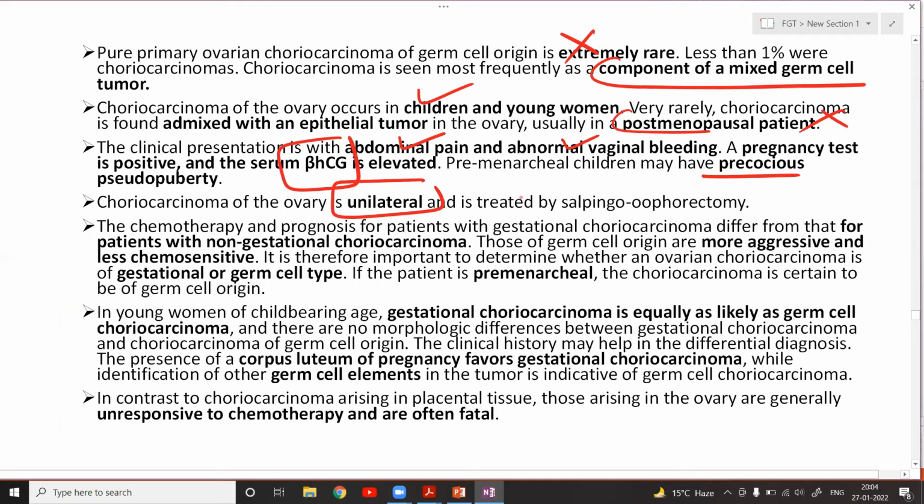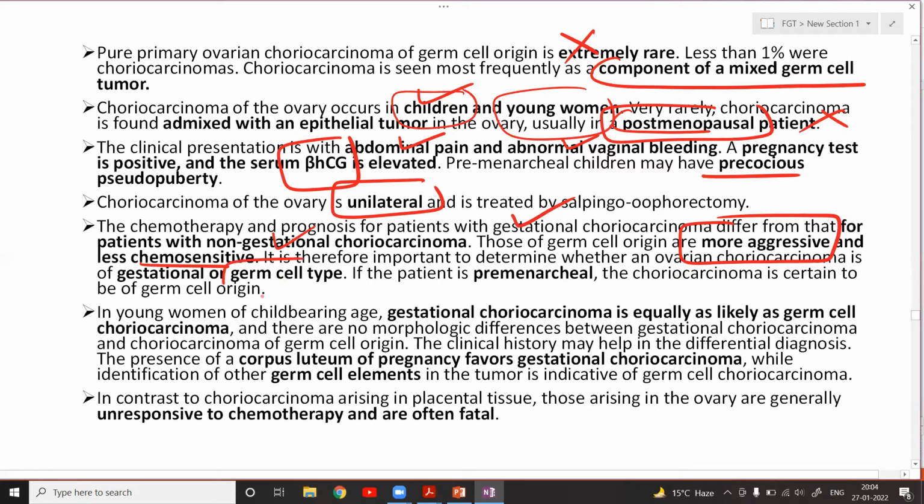Again, just like other germ cell tumors, these are unilateral. Now remember, the prognosis of patients with gestational choriocarcinoma, as we are discussing, that occurs in children and young women, is quite different from that of non-gestational, which occurs in post-menopausal women. Those which are of germ cell origin are more aggressive and less chemosensitive in nature. Just remember this very important part. So it is very, very important to determine whether an ovarian choriocarcinoma is of gestational or of germ cell type.